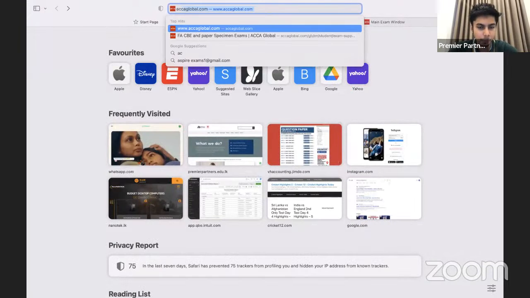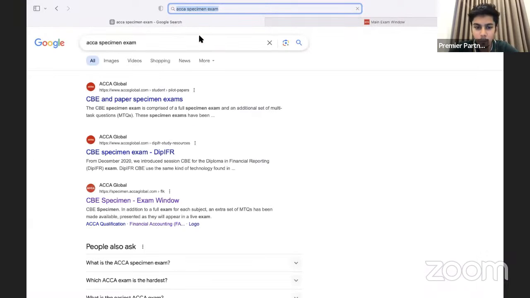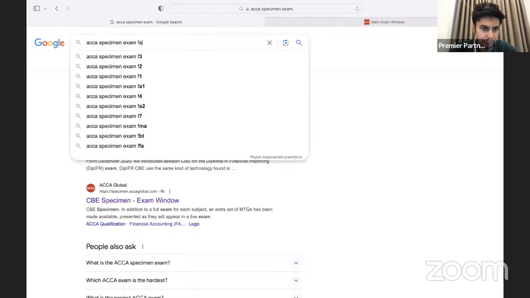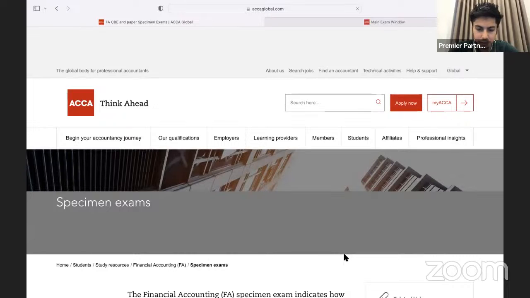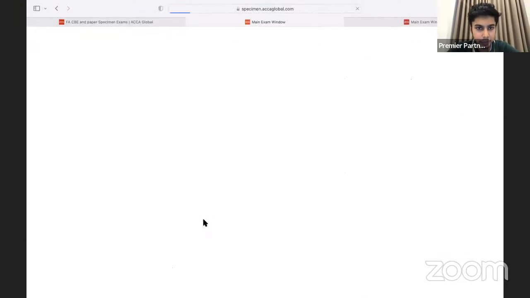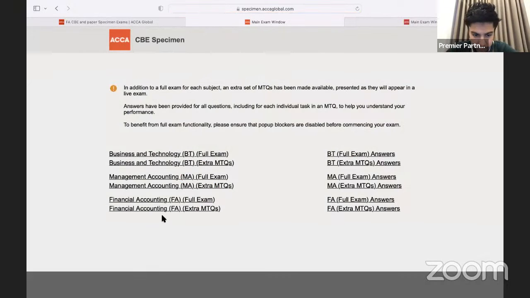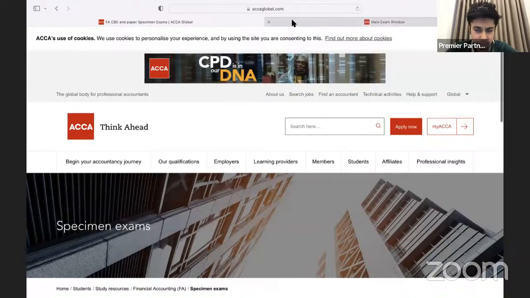Let me just show you. ACCA specimen exam for FA. Right. Once you click on that, just go to here, CBE exam and MTQs. Click on this one, financial accounting, extra MTQs. That is what I'm practicing here, so you can do it with me itself. Anyway, coming back to the question.